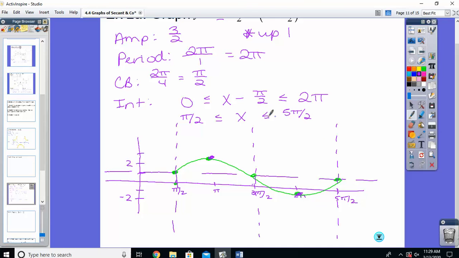And then we need to reflect our graph away. So it should look like that. And of course, if I ask for a second period, you would just keep doing the same thing. Add 4 more points and keep going.